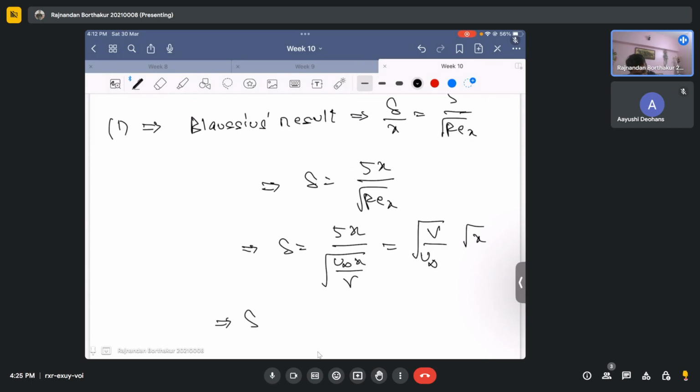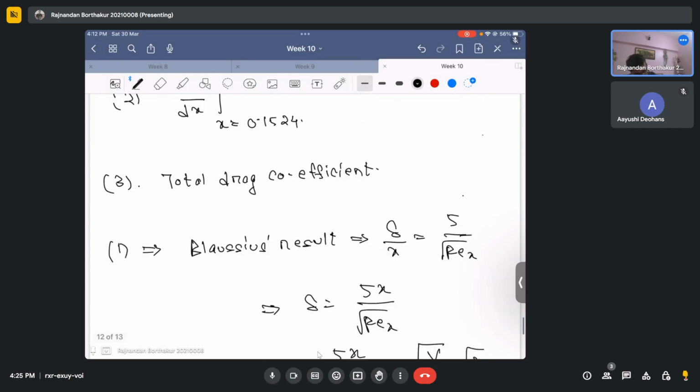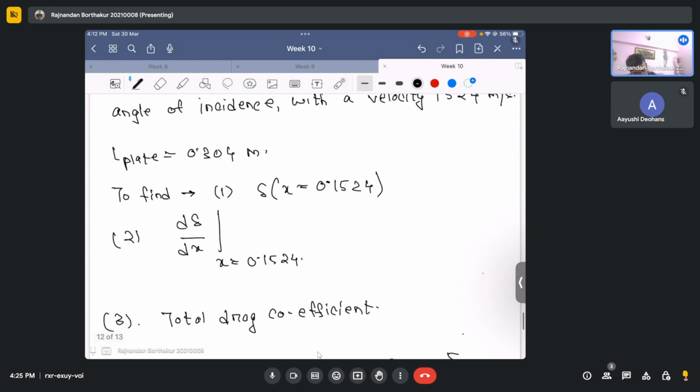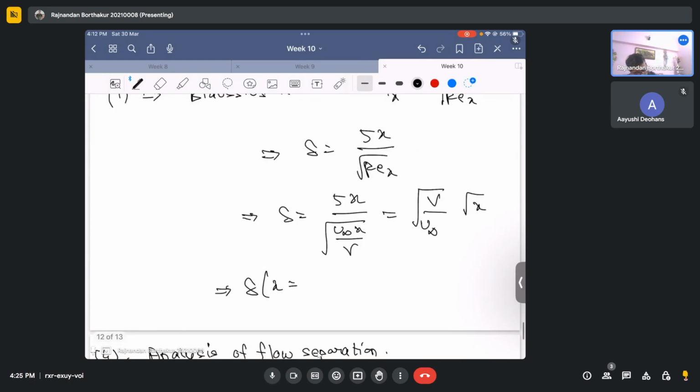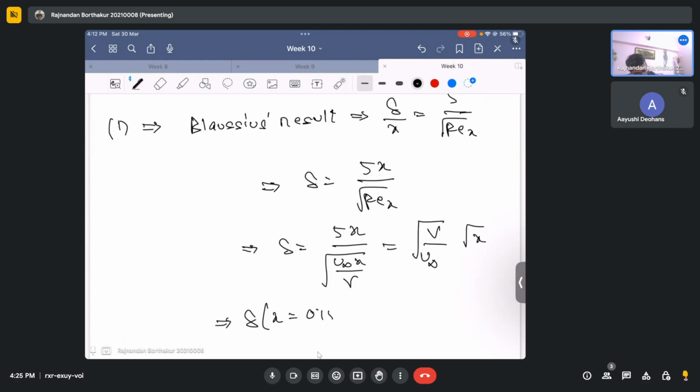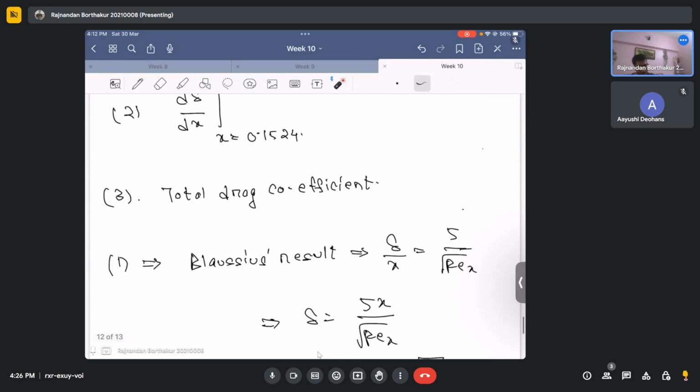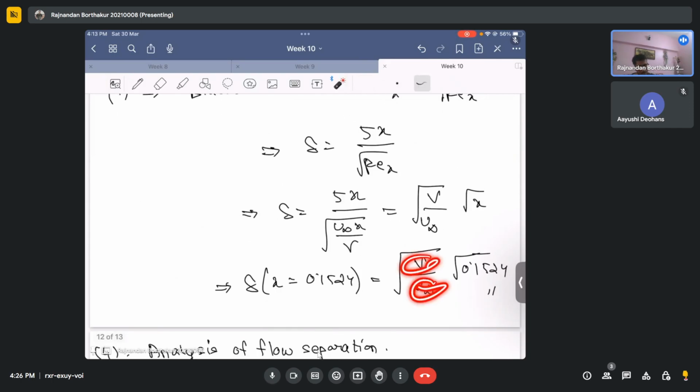They're asking for delta at x equal to 0.1524, so you substitute x equal to 0.1524 here. So it is 5 times square root of nu by u infinity times square root of 0.1524. Nu and u infinity are given, so you can calculate delta.